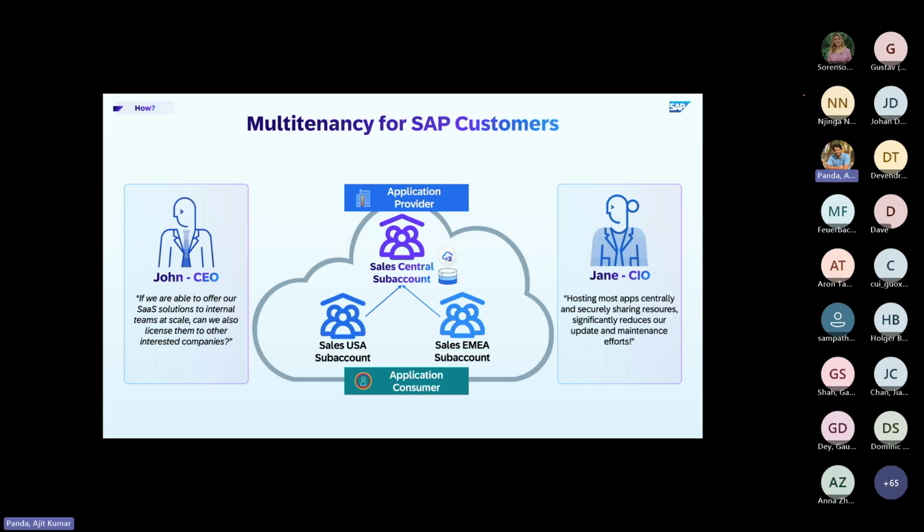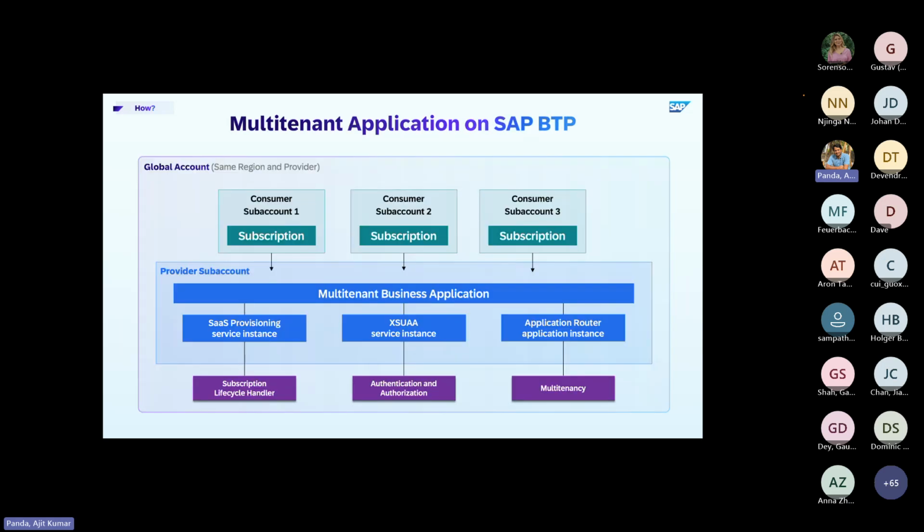So now let's check some of the important services that act as a cornerstone for such a multi-tenant application, right? This figure indicates the relationship between the application provider sub-account and the consumer sub-account. Note that both provider and all these consumer sub-accounts are part of the same global account managed by the application provider itself, right?